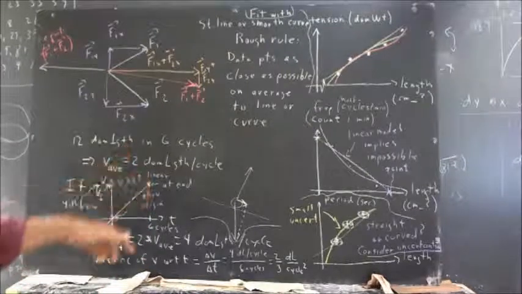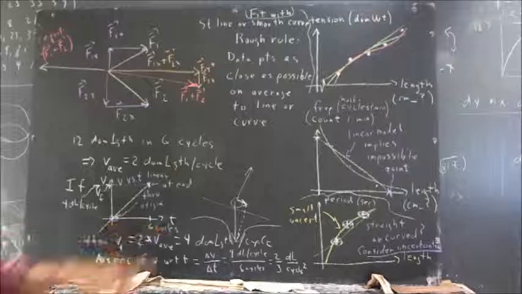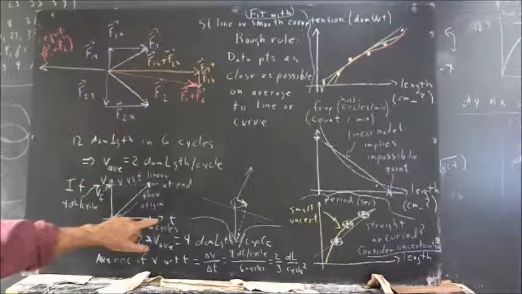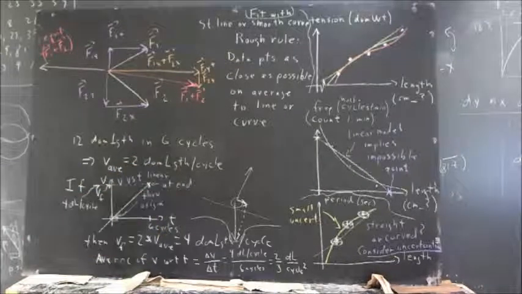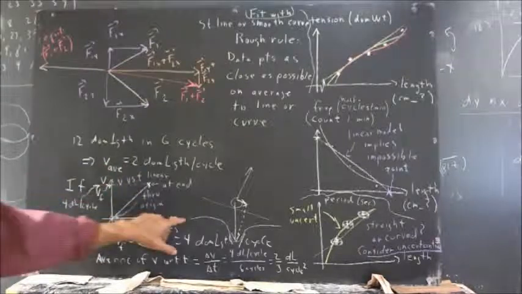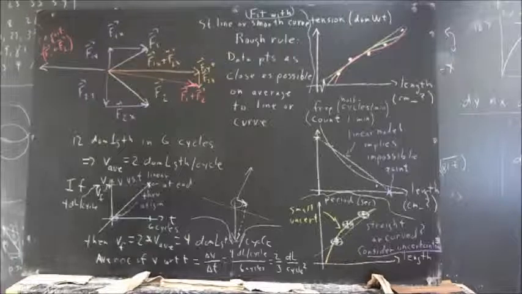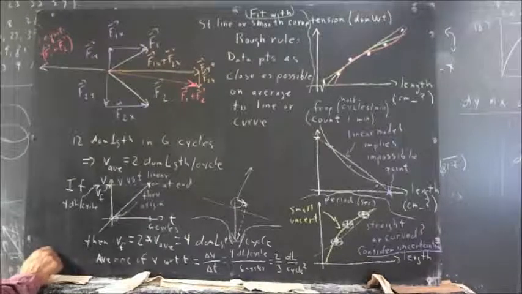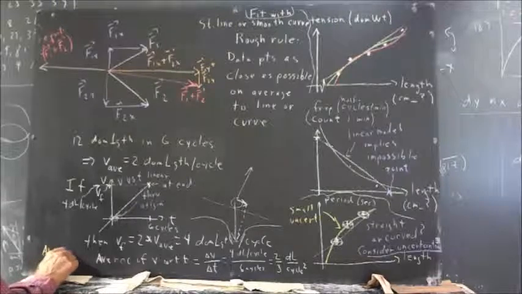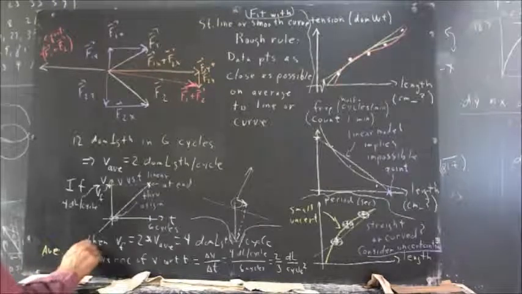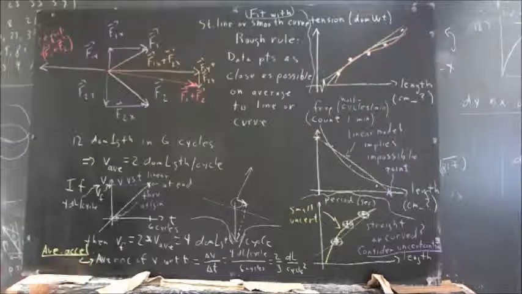So when we divide the 4 domino lengths per cycle by the 6 cycles, we're dividing the rise of this graph by the run, getting the slope. Therefore, the slope of the velocity versus time graph is the average rate of change of velocity with respect to time, and we have a name for that. That is average acceleration. And that's what we mean by acceleration.